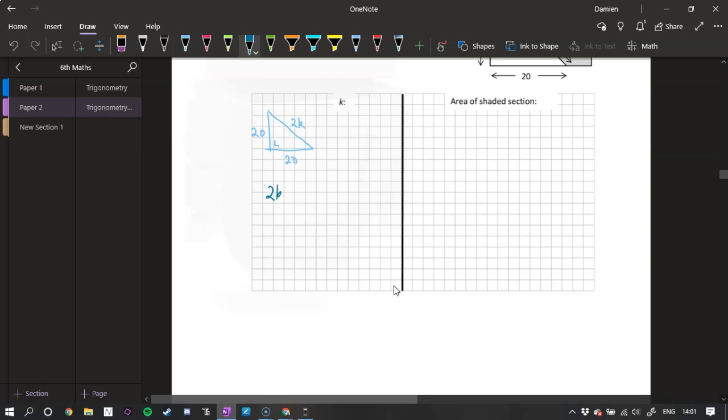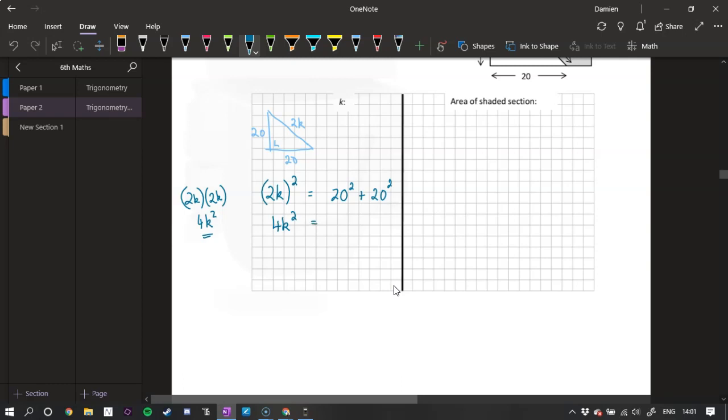So it's 2k, and be careful with this, it's 2k all squared. It's not 2k squared, which is very different. That equals the other two sides squared and added together. So 2k all squared is 2k multiplied by 2k, and that gives you 4k squared. As you can see, that's very different than 2k squared. So this is 4k squared.